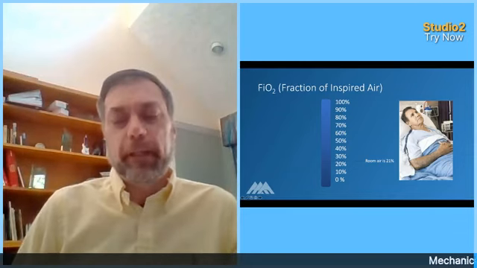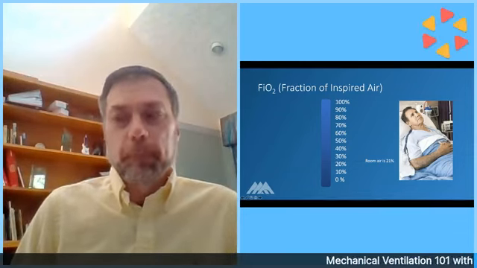The FiO2, as you probably know, is the inspired percentage of oxygen. So if we advance the slide, the fraction of inspired oxygen, FiO2, is simply telling you how much oxygen you're driving into the ventilator circuit. And then obviously what's driven into the ventilator circuit will end up in the alveoli.